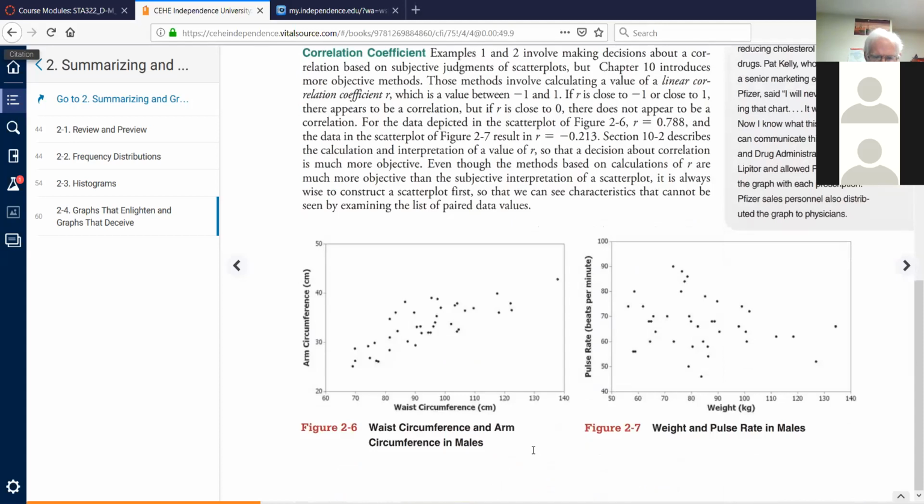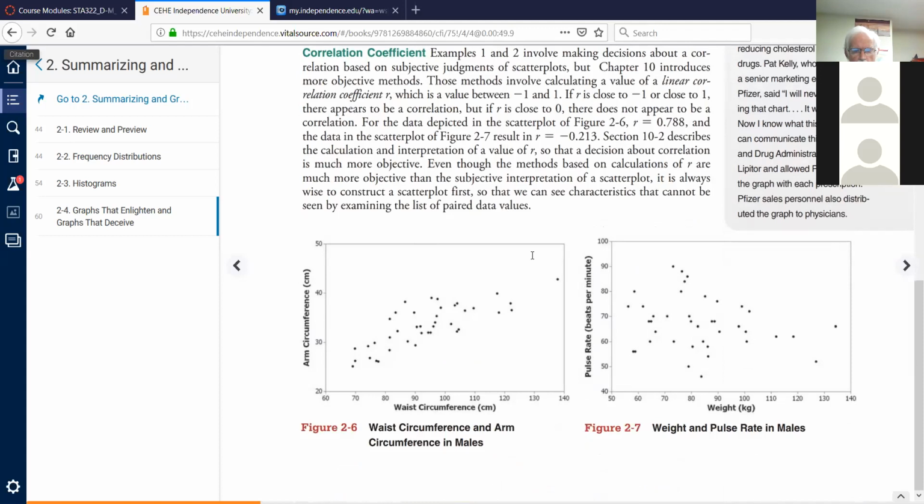If we look at the waist and arm circumference data, we can roughly say here that people with higher waist circumferences also have potentially higher arm circumference.